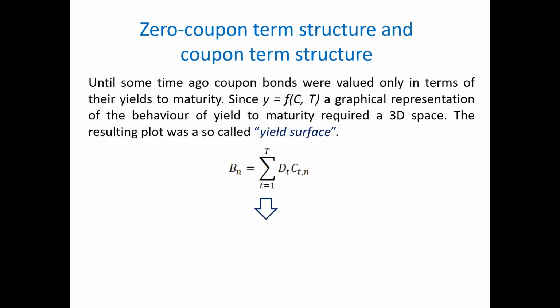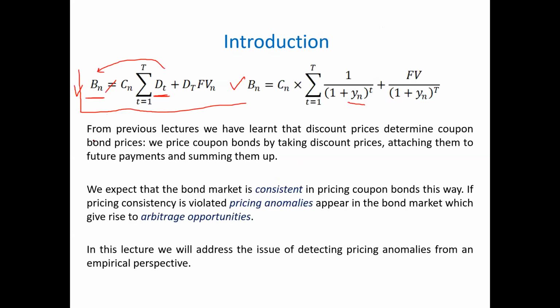How do you understand whether there are pricing anomalies in the markets or there are no pricing anomalies? So let's assume that we move back into the past, probably somewhere in the 1970s. As I told you before, in the 1970s the first approach, the linear approach, had not existed.